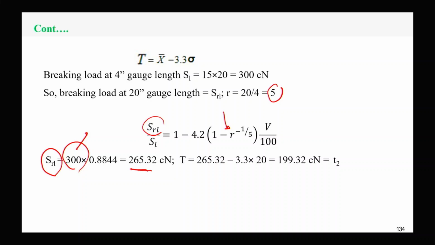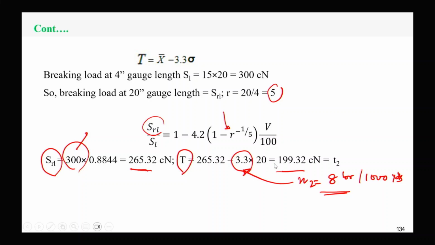And using the K value as 3.3, we will be able to calculate the tension required. Tension required T2 is 199.32. This tension T2 is required with the breakage rate of 8 breaks per 1000 yards as per the condition. Only in this condition we will get the K value 3.3.